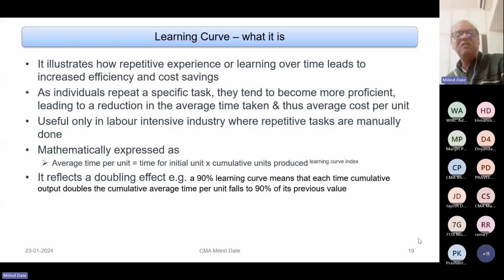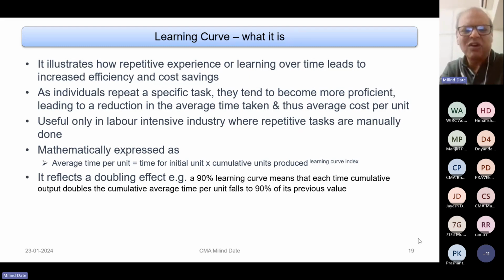So if the first unit takes 2 hours and you double the output, that means you produce 2 now. The second unit will take 90% of 2 hours, which is 1.8 hours. That's how it keeps on getting calculated every time you keep on doubling your output.